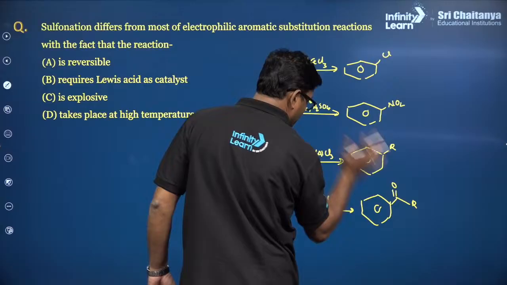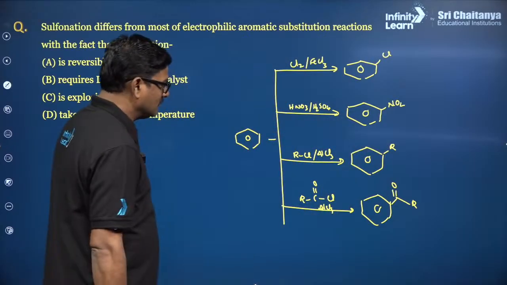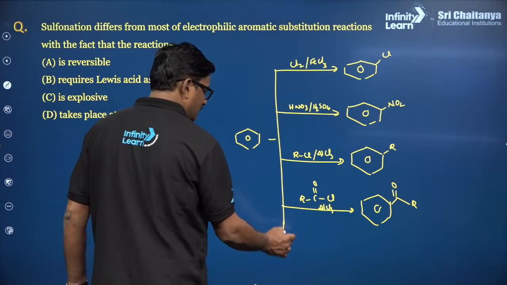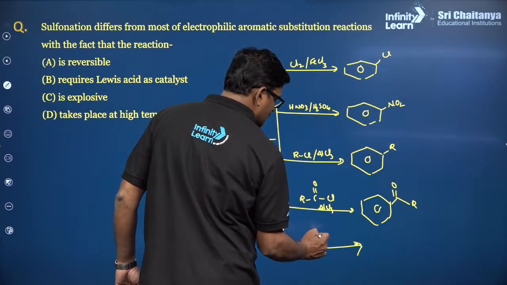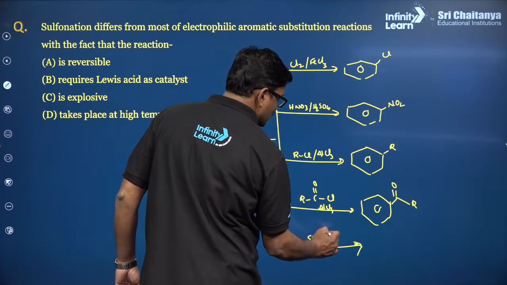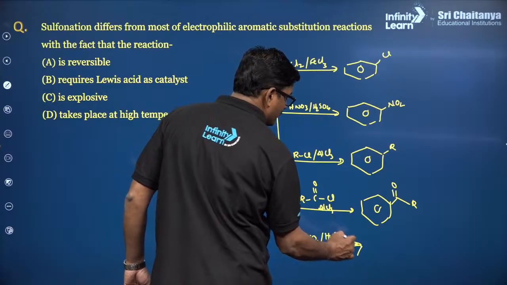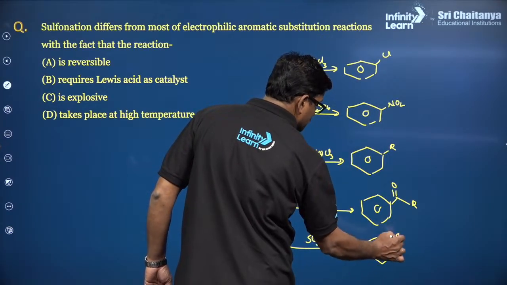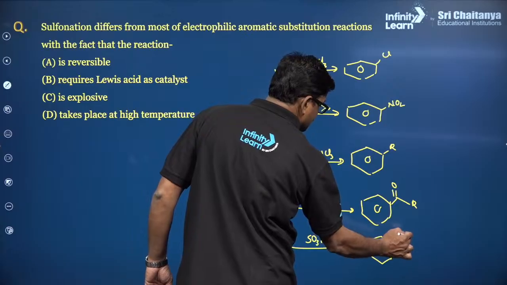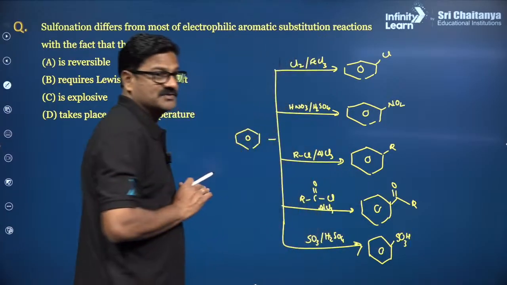Friedel-Crafts alkylation, Friedel-Crafts acylation. Now, when you talk about SO3 and H2SO4, this is called benzene sulfonic acid, and this is called sulfonation.